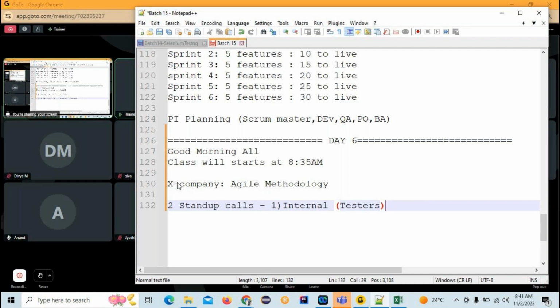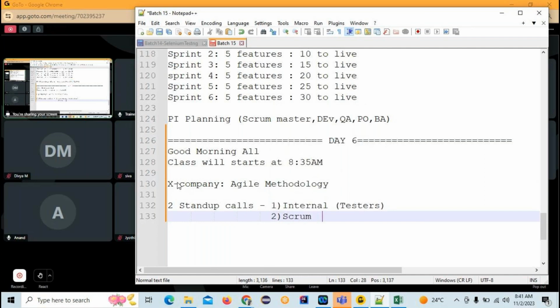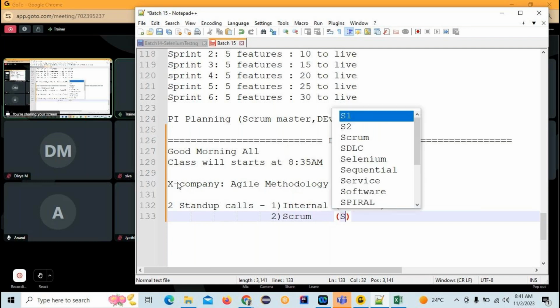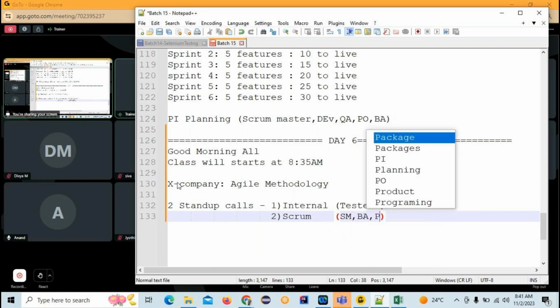So this is the first stand-up call. The second stand-up call you have is the Scrum call. In this Scrum call, who are involved? Yesterday I already told you: the Scrum Master will be there, and the business analyst will be there. If required, the product owner will also join.